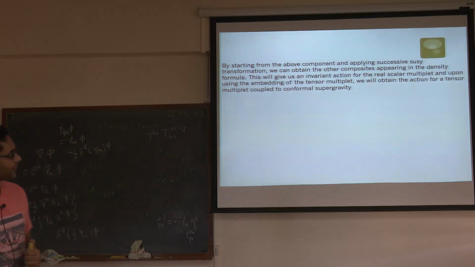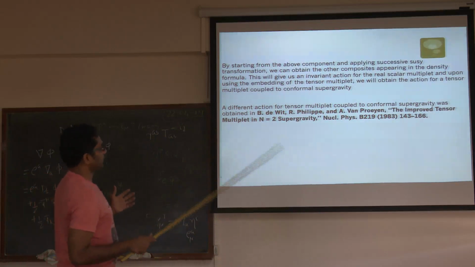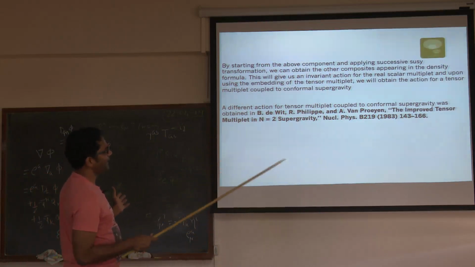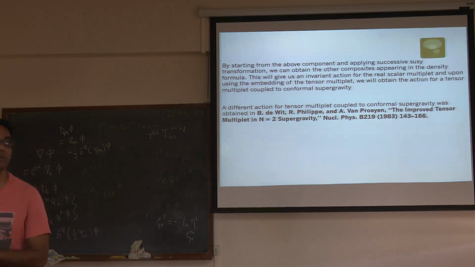Okay, why is it interesting? Because this is not the first time we have obtained an action for the tensor multiplet coupled to conformal supergravity. Indeed, an action for the tensor multiplet coupled to conformal supergravity was obtained long back in '83 by de Wit, Philippe and Van Proeyen in the paper called Improved Tensor Multiplet in N=2 Supergravity.